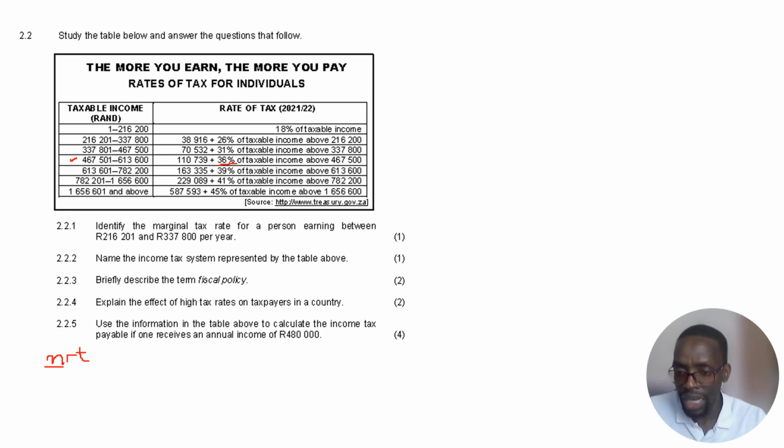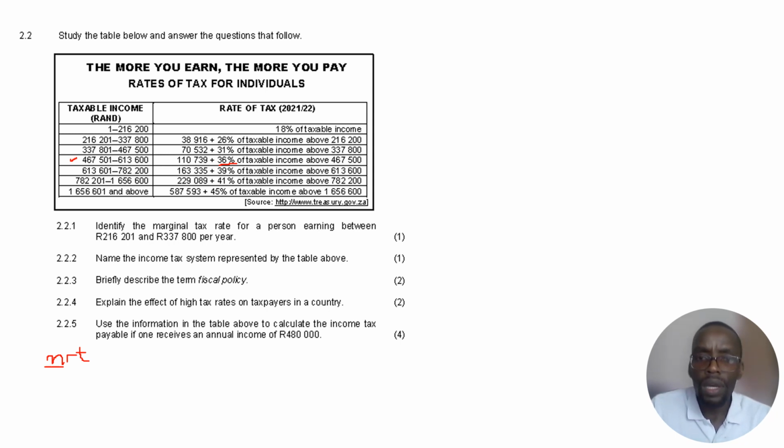So these percentages are what we call the MRTs, or marginal rates of taxation. Now pause the video and go through the questions, then come back, click play, and I will be back with the answers. Okay, you can start now.